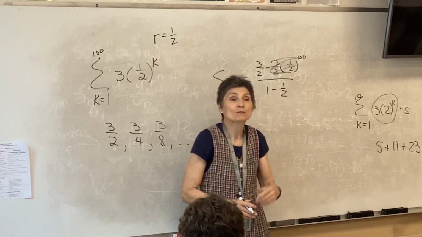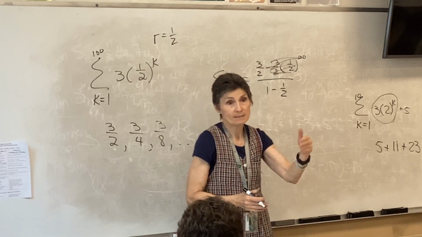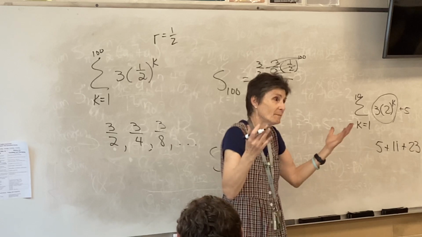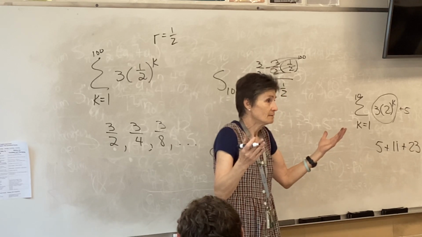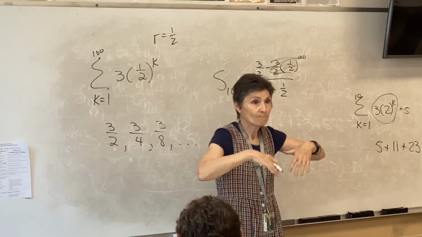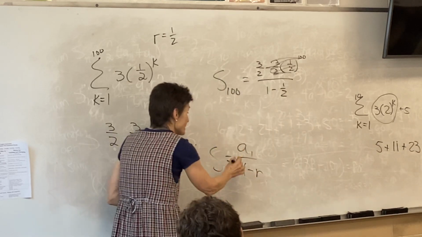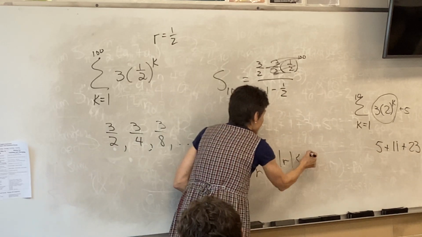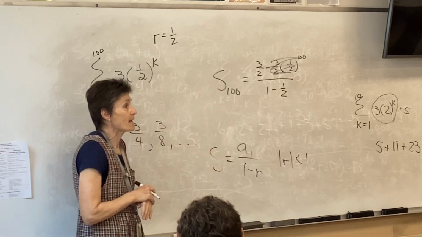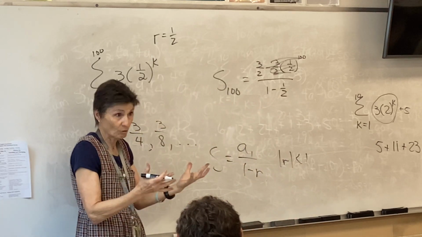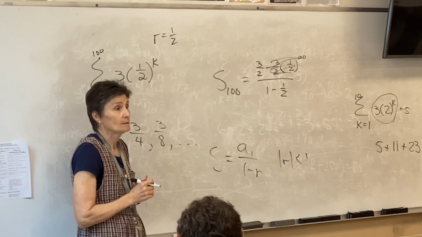Think about it. If I were doubling 3, 6, 12, 24, am I gonna be able to add that up? No. It's just gonna keep on getting more huge, right? The only way you can use this formula is if your ratio has an absolute value less than 1.